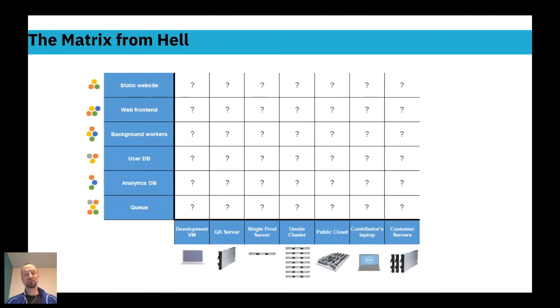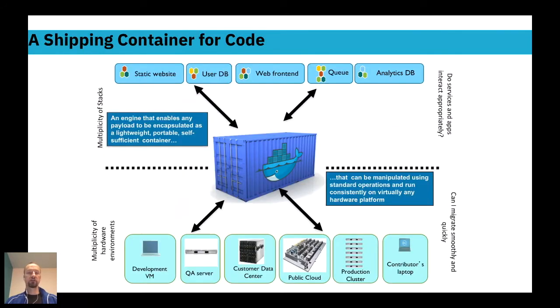What do you do with a static website, how do you move it between environments, and the same with the analytics DB, user DB, and so on. All these systems need to traverse various environments, from development to QA, then testing, and then production. Then maybe you also want to deploy on the public cloud. That's all very, very troublesome.